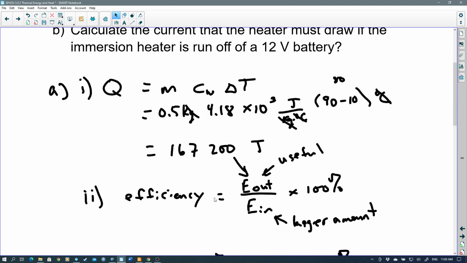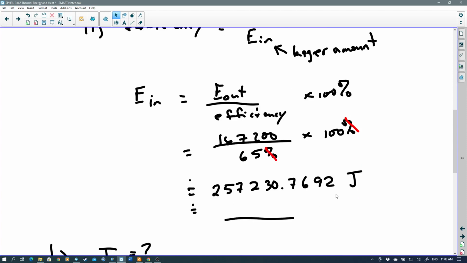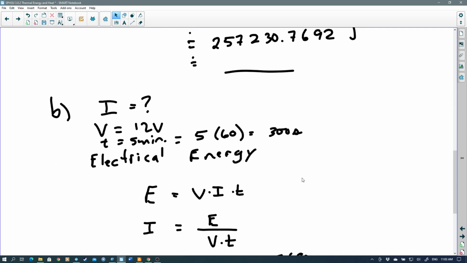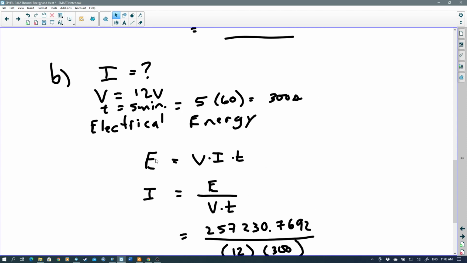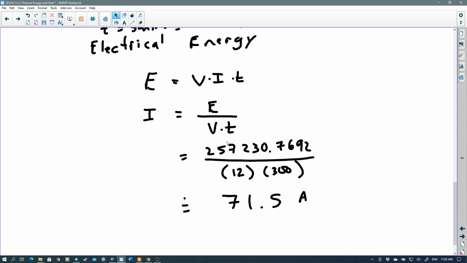The efficiency of the electric circuit is not great, so we calculated how much energy that would require, and it makes sense that it's going to be more. So we're pumping in a lot more energy to produce that heat. There are losses of energy here. And then we know the amount of energy in an electric circuit is given by VIT. Knowing all of those values, we are able to find out how much current is being used.